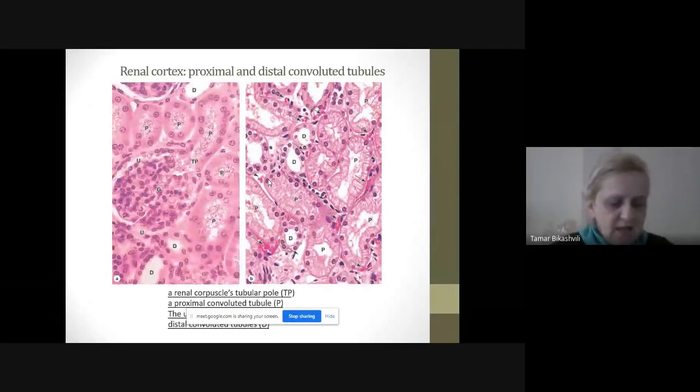Now about tubules: proximal and distal tubules, and the loop of Henle, starting from the proximal convoluted tubules.